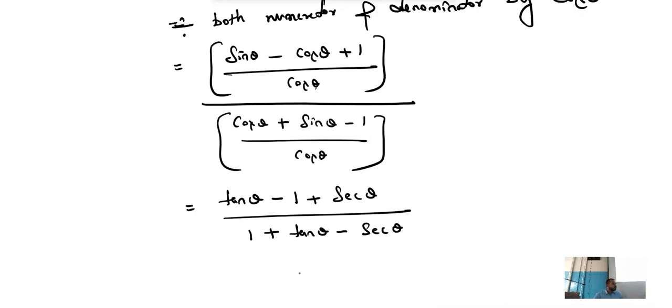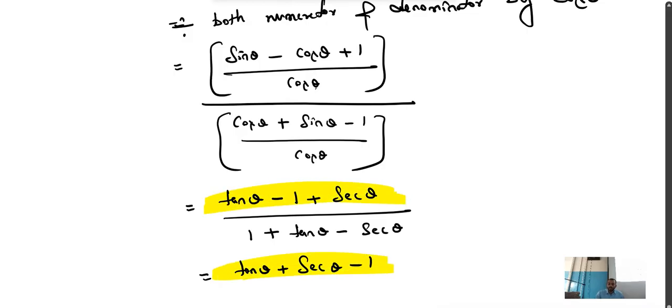Any doubts? Now let us rearrange this. I mean, trigonometric terms in one place and constants in another place. Rearranging, that's it. Shall we do like this? Tan theta plus secant theta minus 1, same numerator. This complete numerator we have written like this.